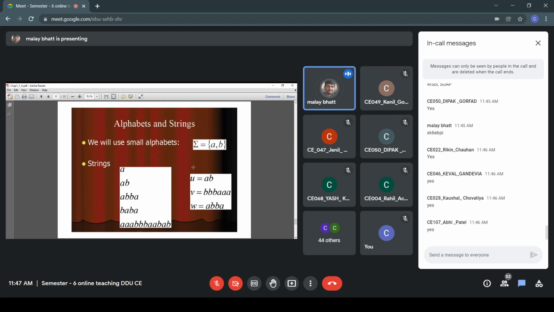Similarly, we have to check B with A, B with B, B with C, up to B with Z. So again 26 different combinations. So 26 into 26 different combinations of length 2 will be generated, which is a cumbersome task to validate. That's why we are using an input alphabet of only 2 symbols.